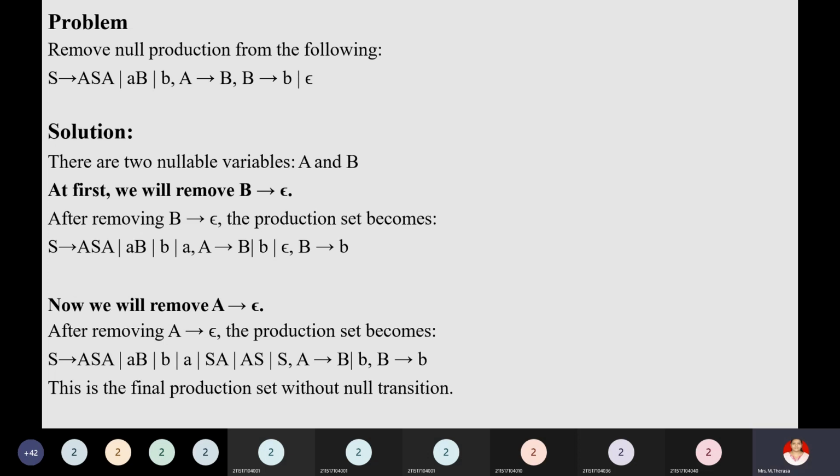For that, you can substitute B wherever you have it with its production rules, so this A becomes B, epsilon. Then next, you are supposed to remove A tends to epsilon. Okay, are you able to understand?